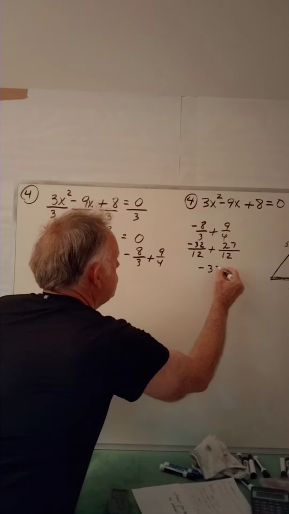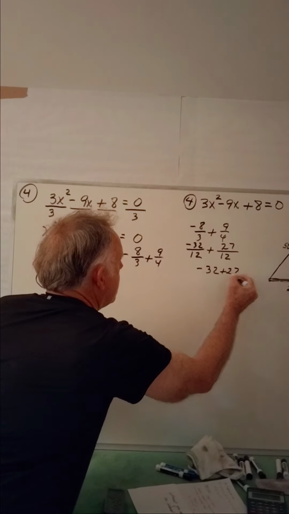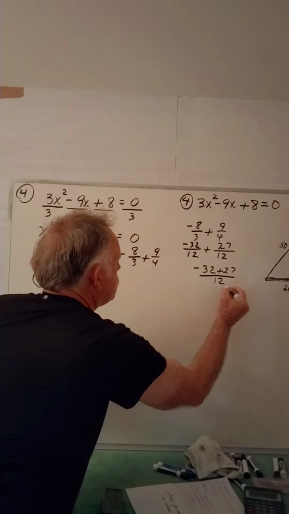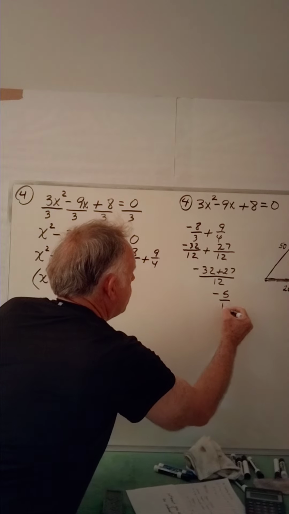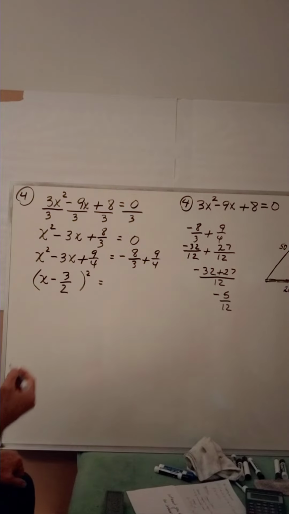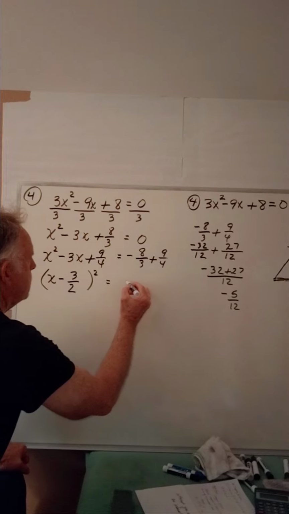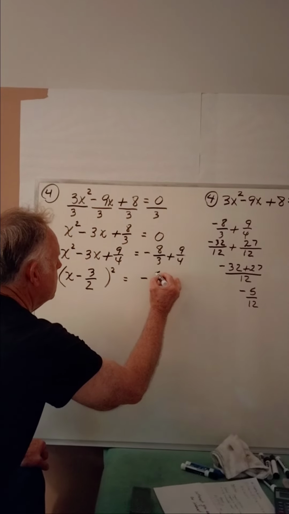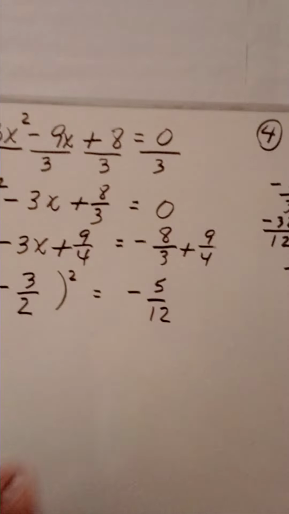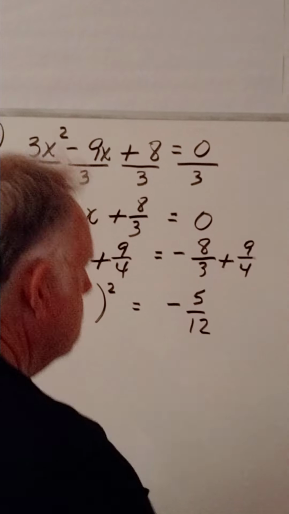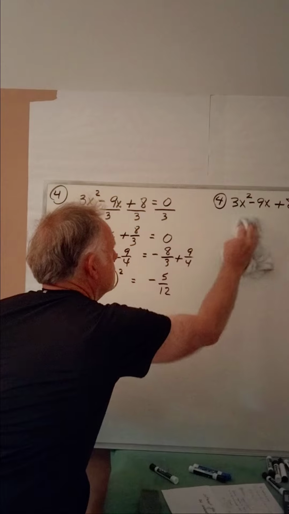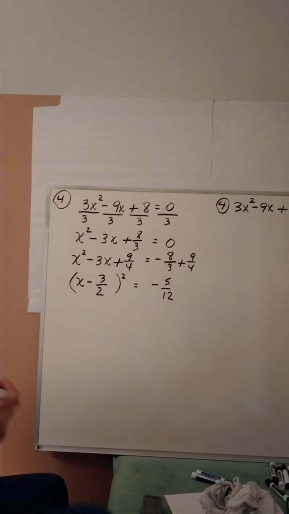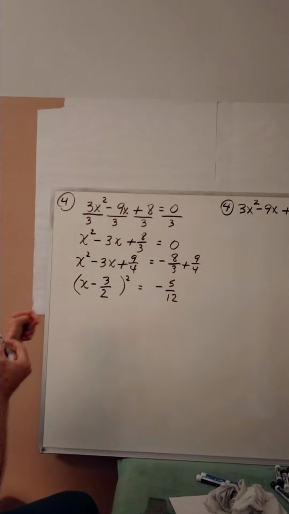Negative 32 plus 27, all of that over 12. And that'll get us a negative 5 over 12. That becomes the real number that is on the right-hand side. I'm just going to erase this information right here, just so we have a little bit of room in case I'm going to need it.